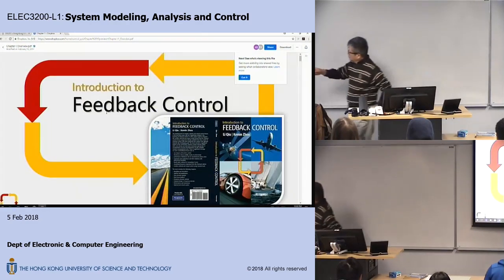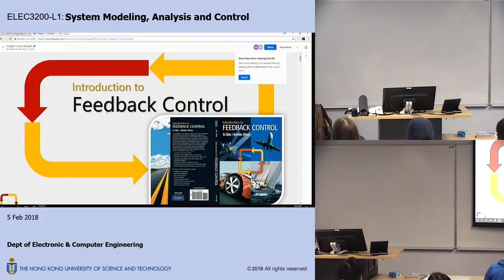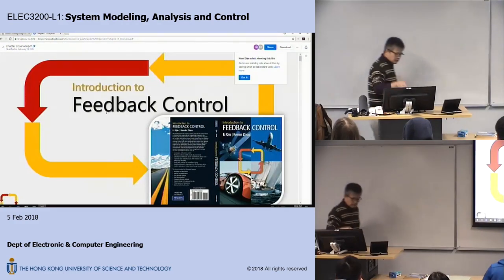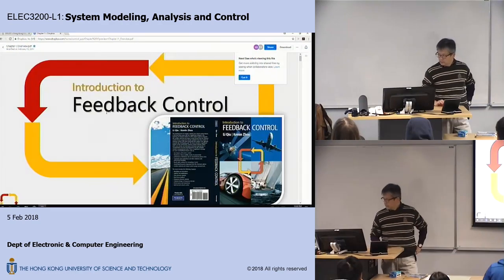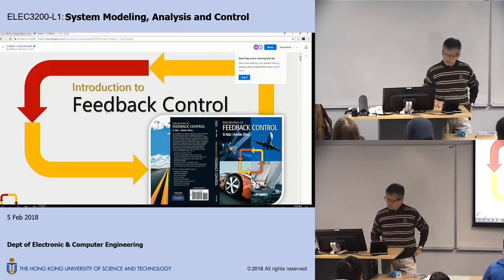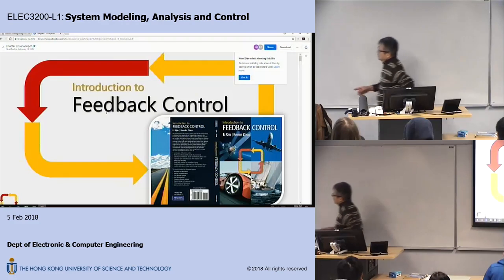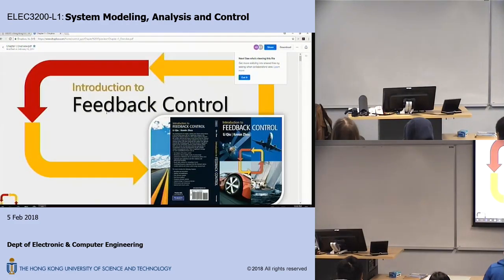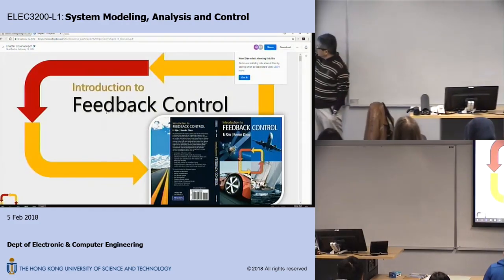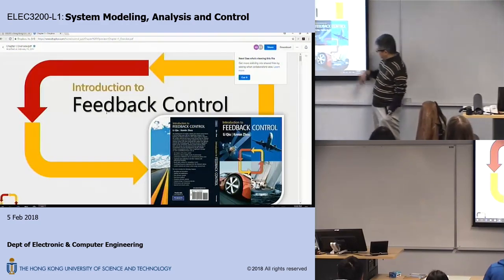So actually, this is a textbook we're going to use. It's authored by myself and another professor who is actually a famous professor in Louisiana State University in the U.S. So you see some examples here, in the cover page. This is a satellite. This is the airplane. You have a boat.